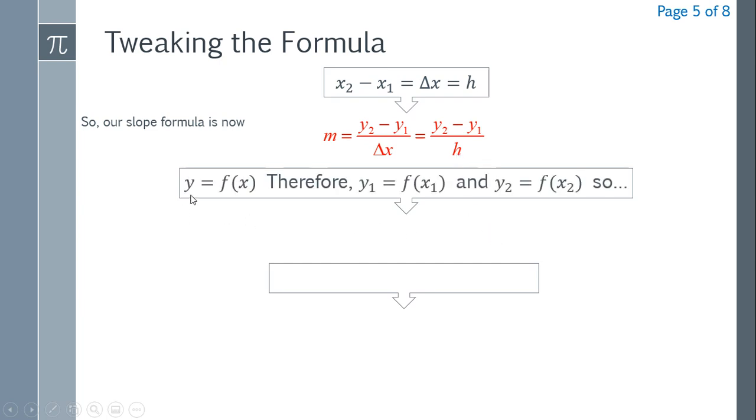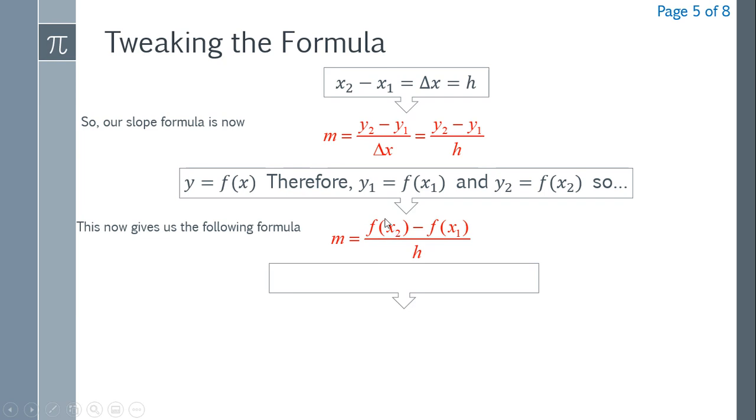Now, our original equation was y equals f of x, okay? Therefore, y1 is f of x1, and y2 is f of x2. So we have two different points, and they're going to get closer and closer together.